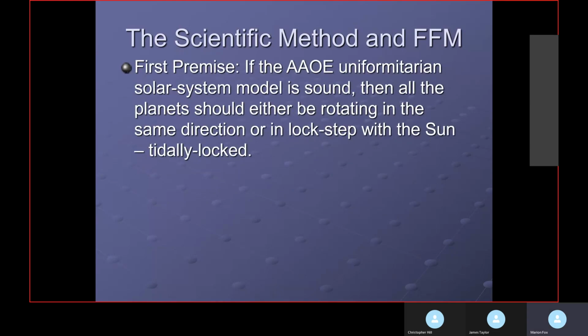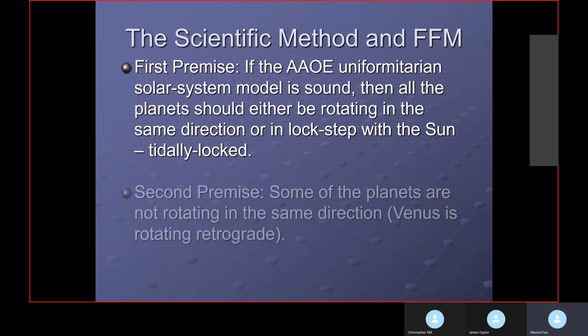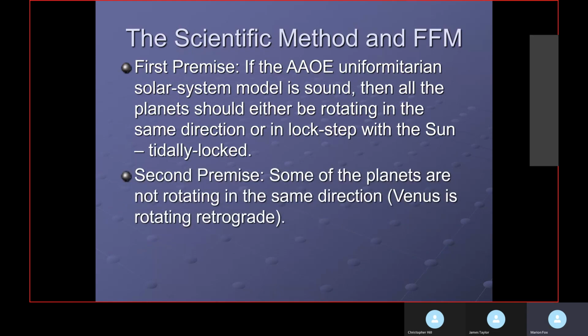The first premise is the atheist, agnostic, old Earth, uniformitarian solar system model. If it's sound, then all the planets should either be rotating in the same direction or in lockstep with the sun, tidally locked. Some of the planets are not rotating in the same direction. Venus is rotating retrograde, backwards.